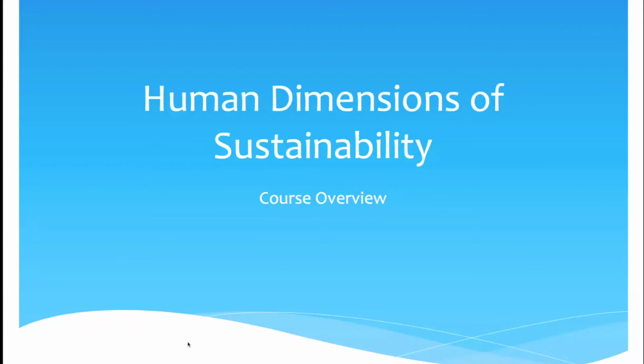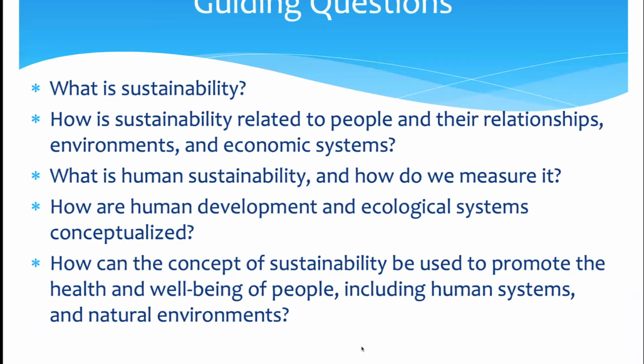I would not do many recorded PowerPoints, but I just wanted to be able to give you an overview of the course so you know what to expect. And so you might be wondering what Human Dimensions of Sustainability is, what we're going to be focusing on. These are some of the guiding questions for the class. At the beginning, especially this first module, we'll be exploring what is sustainability, and how it's related to people, their relationships, environments, economic systems, because you've probably mostly heard of sustainability in application to environments and ecosystems.